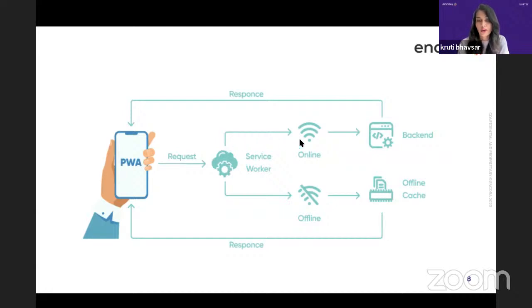If the user is online, then it will fetch data from the backend and show it on the PWA website. But if the user is offline, not online, then it fetches data from the cache, which we already did while the user was online. By that, the service worker helps us show our contents on the PWA website even if the user is offline. So the service worker is the heart of PWA.